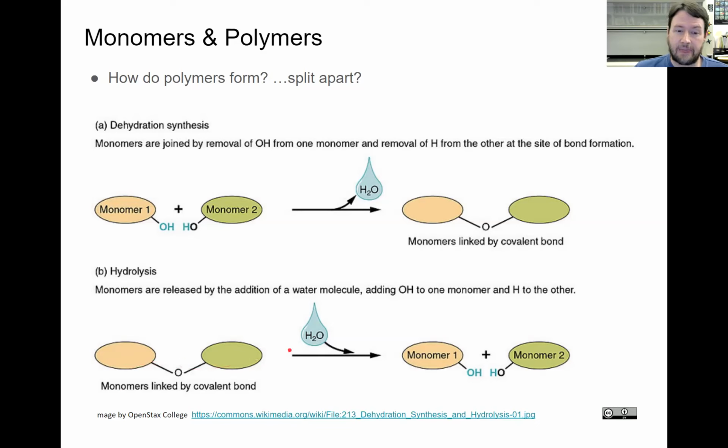And either way, water can get added back to that bond, and we can form the monomers that we started out with. So, or maybe some other organism started out with.